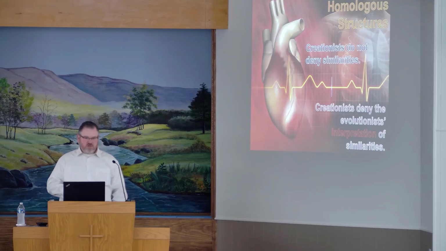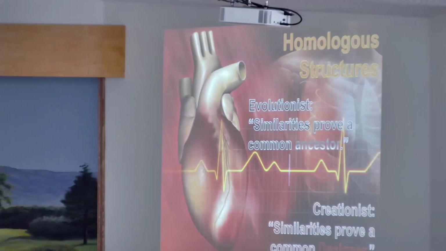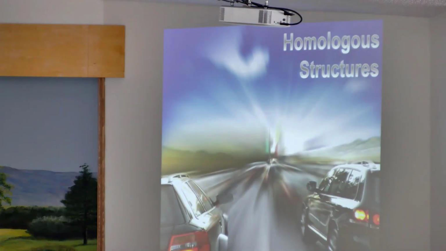There's no need to. It's always going to be in harmony with the truth. The problem isn't the evidence, it is the interpretation of that evidence by evolutionists. The evolutionist says that these similarities prove a common ancestor. We would say that these commonalities prove a common designer. So consider, for example, the automobile industry.